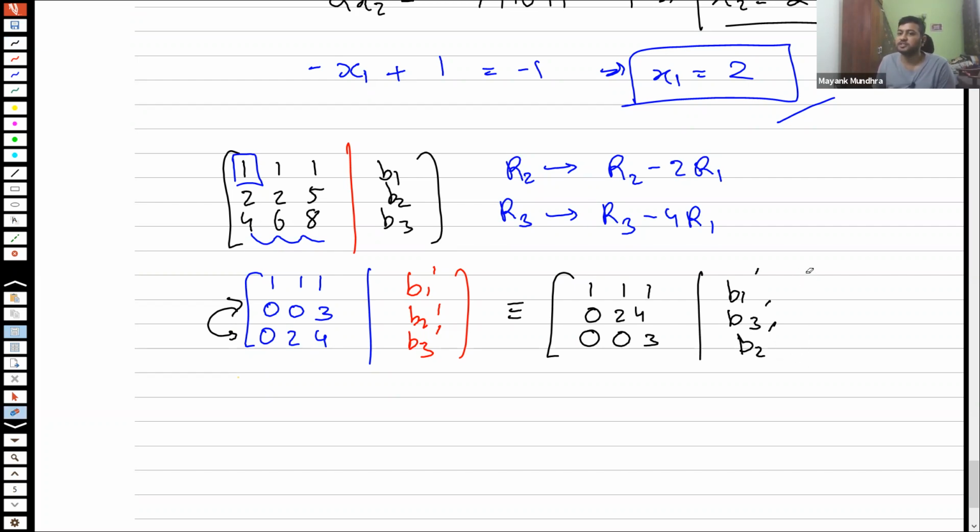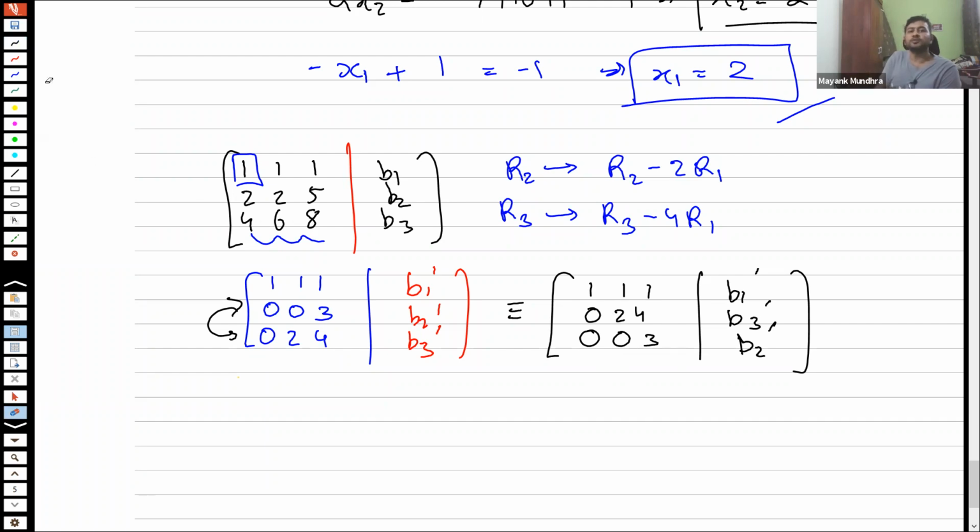In certain situations, the entry that was supposed to be a pivot becomes 0, but something below it is not 0. In that case, you can do this row exchange and then proceed. Once you do this, you have the echelon form, the triangular form, so you don't need to proceed any further.